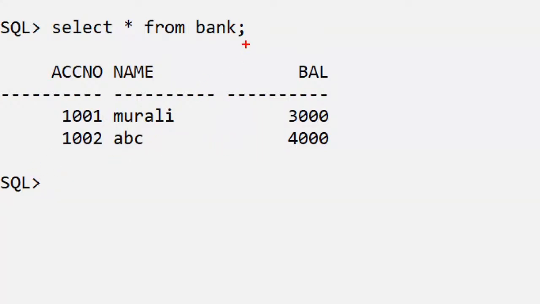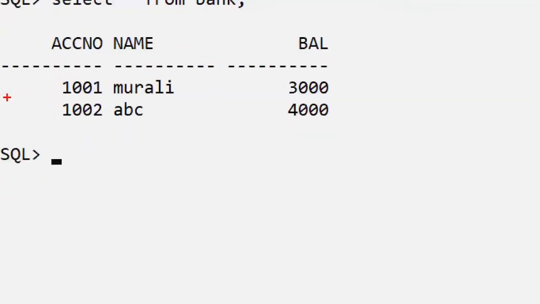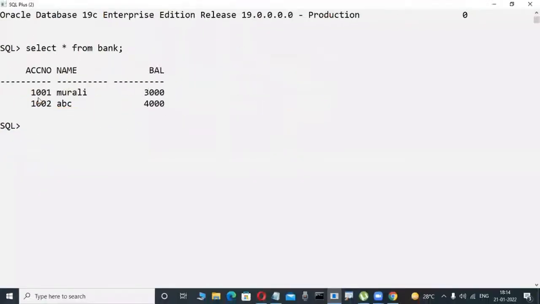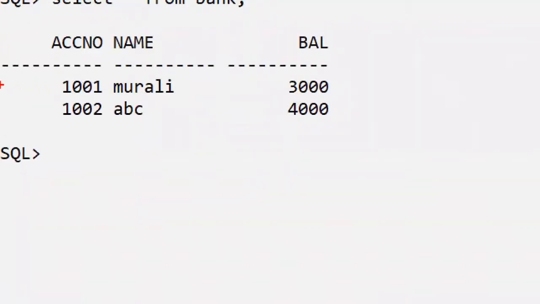Suppose this is in a bank, for example SBI bank. In this bank, this is the data. Observe here, these are columns: account number, name, and balance. These are called columns. Here, these are 1001 and so on. These are called rows or data. Suppose this data, observe it here for 1 minute. 1001 is an account number.